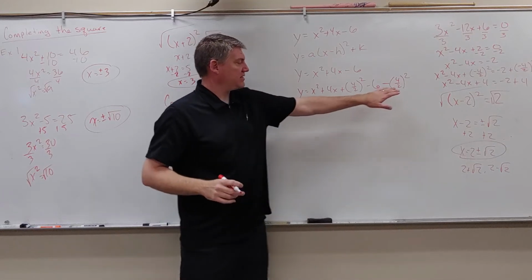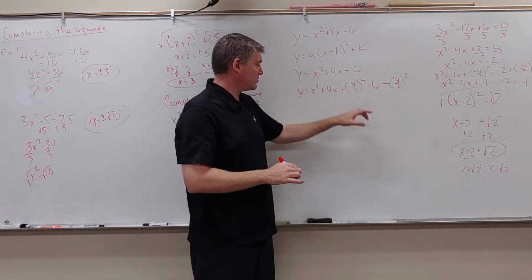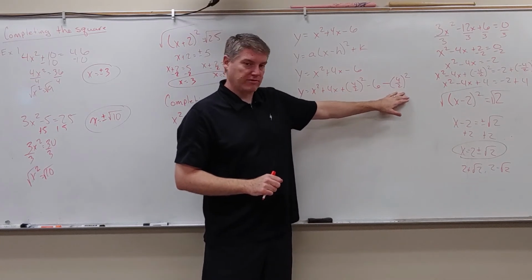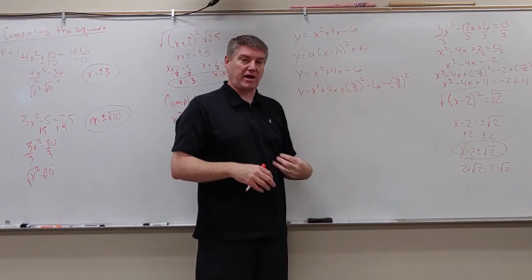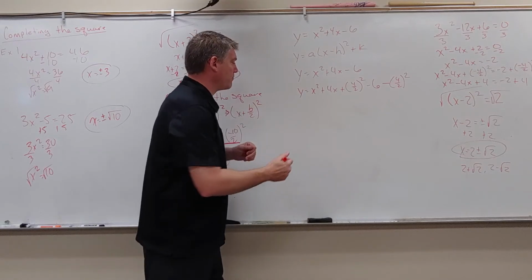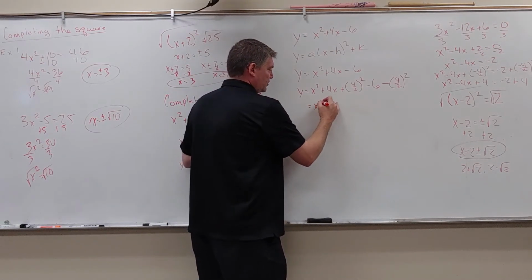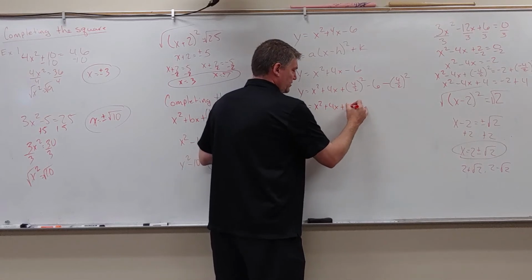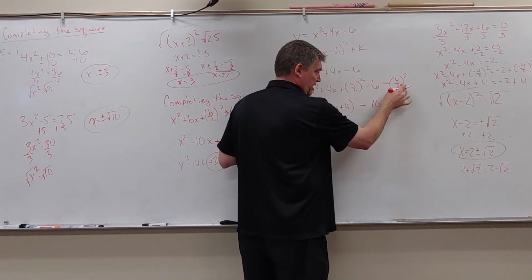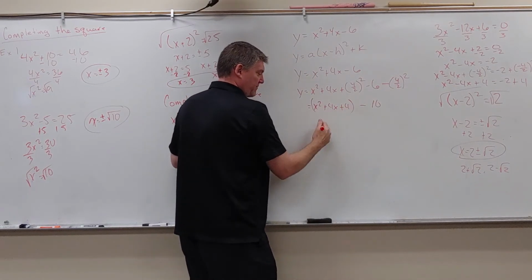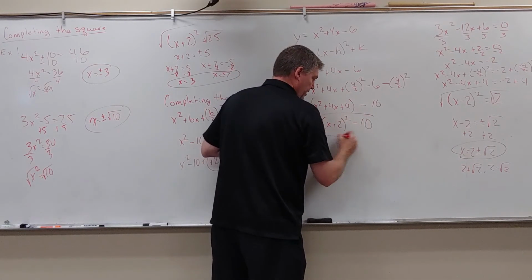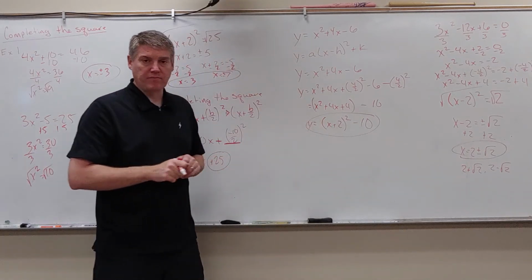The reason I'm subtracting it here is because it's on the same side. So here I have a plus 4 over 2 quantity squared and a minus 4 over 2 quantity squared. These equate out to 0, so it does not change our function when we add it. Now I'm looking at x squared plus 4x plus 4 minus 10, because 6 minus 4 is going to be 10. Now I can factor this and get x plus 2 quantity squared minus 10. There's my vertex form.